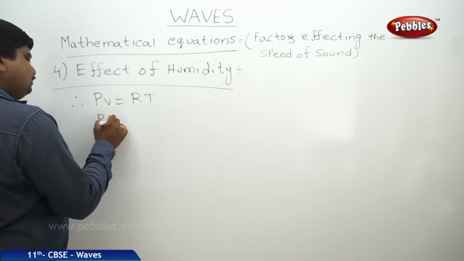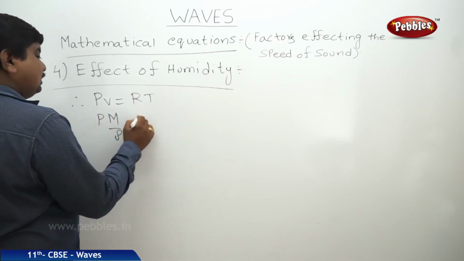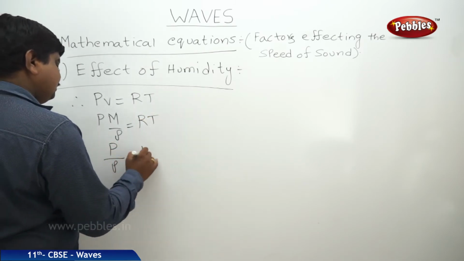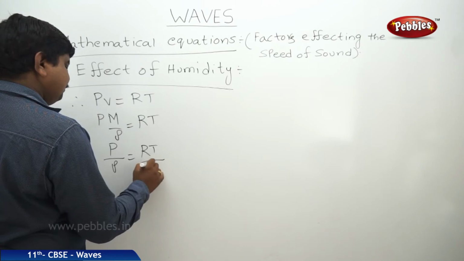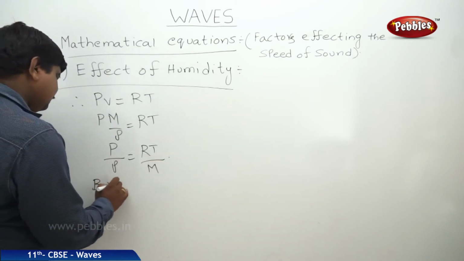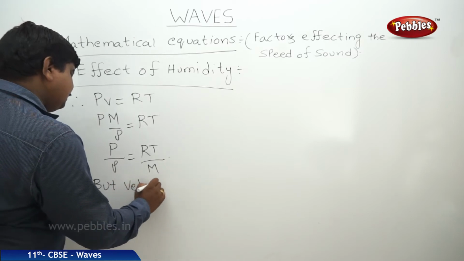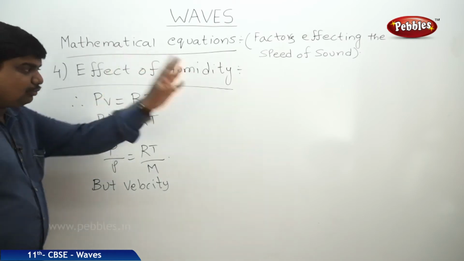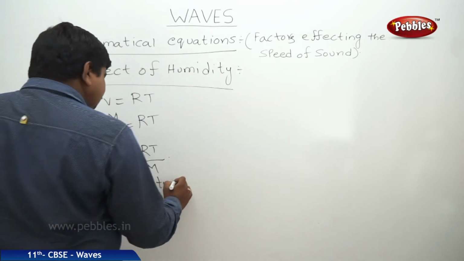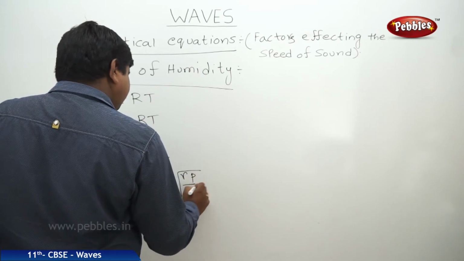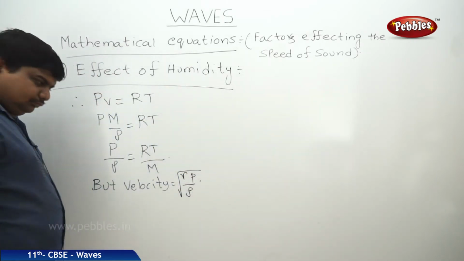So P into M by rho is equal to RT. P by rho is equal to RT by M. But velocity is equal to, we are using the same standard equation to prove all the effects, square root of gamma P by rho.